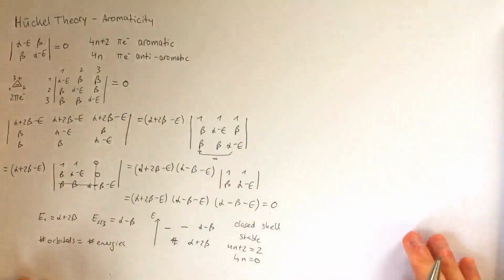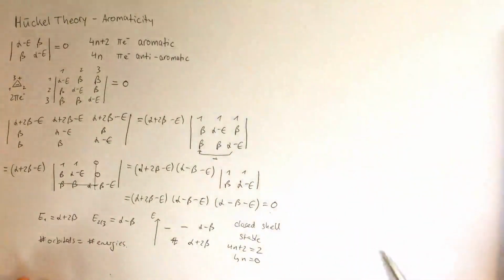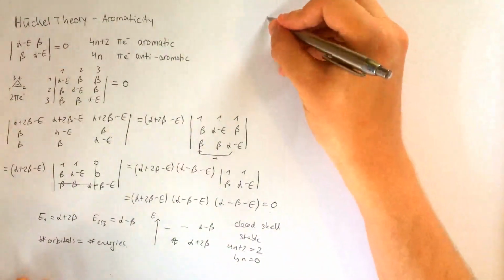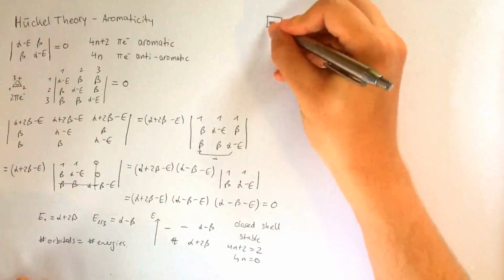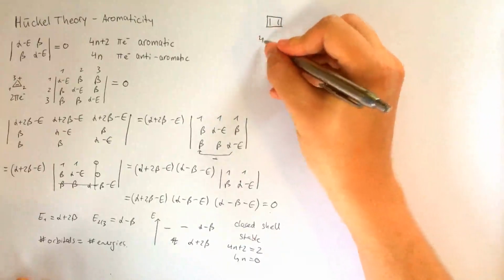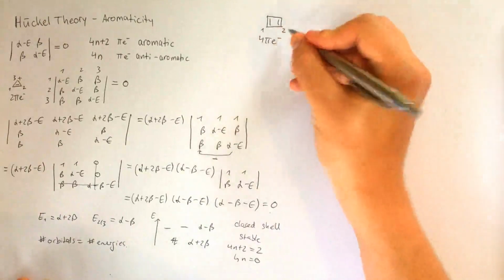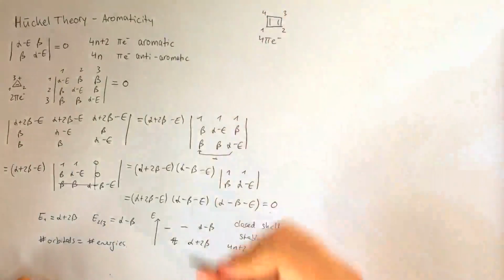The second example is cyclobutadiene, which looks like this, where we have 4 pi electrons. And again, I will number my carbons.